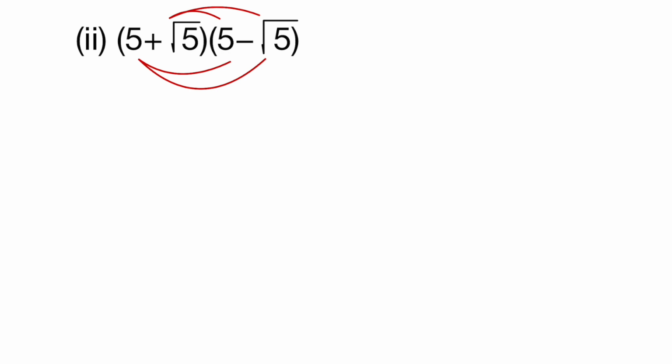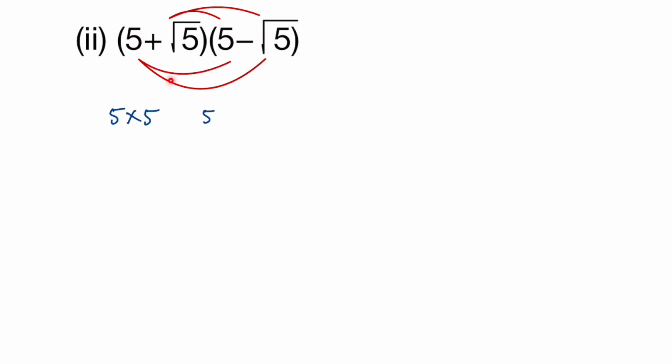So 5 multiplied by 5 is 25. I'm just going to do it straight away. Or let me just write it, I don't want to skip a lot of steps and that might be confusing for you. So 5 multiplied by 5 plus 5 multiplied by, sorry, it is not plus. Why is it not plus? Because we have minus here, it's minus root 5.